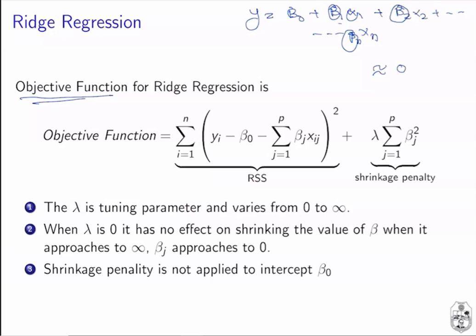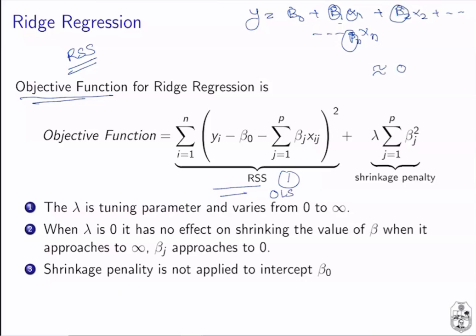The objective function in usual multiple linear regression is to minimize the residual sum of squares. Now the objective function is very different. It has two different terms. The first term is called the residual sum of squares, or the RSS. That is the same as what we found in the OLS method.